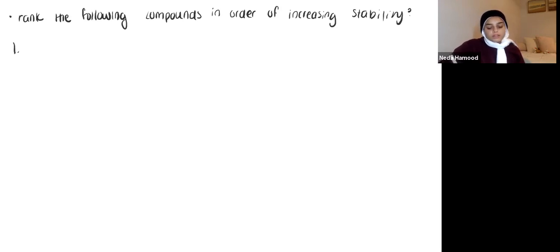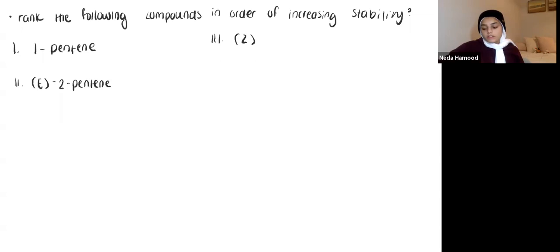So 1 is going to be 1-pentene. 2 is going to be E-2-pentene. 3 is going to be Z-2-pentene. And 4 is going to be 2-methyl-2-butene.